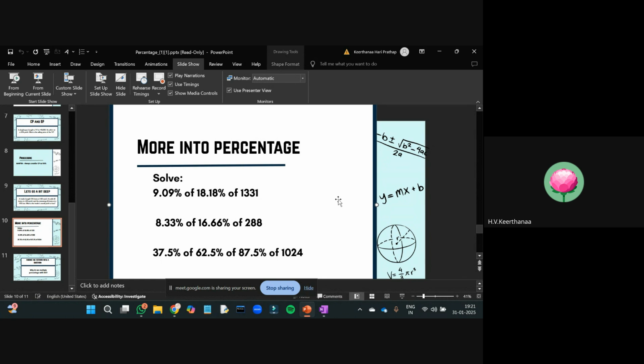Vishnu Prakash says the answer is 22, for the first question. Okay, yeah, that's right. It's 22. Sarthak said 21.99, so near. Great, guys.